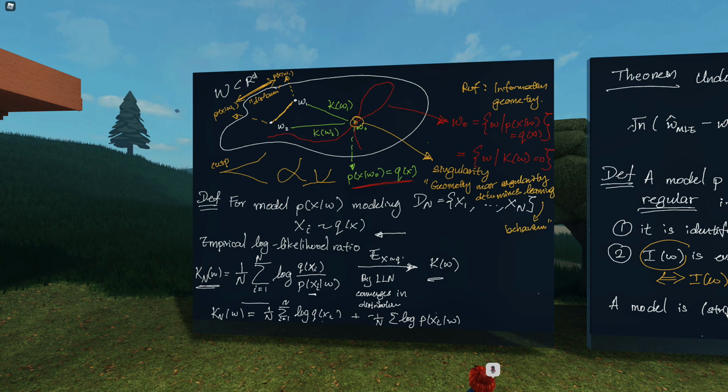So from now on, when we talk about singularity of a model, we mean singularity that occurs at the zero set of the KL-divergence of the model. We mean this W0 set, so any non-smooth points in this set. Any questions? That's all I am going to say for this talk.